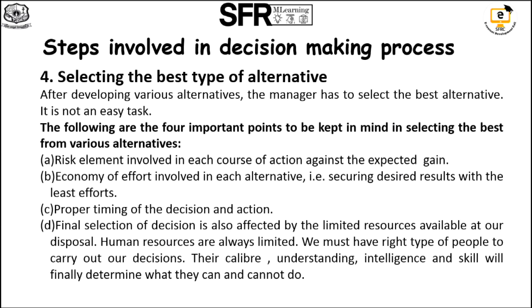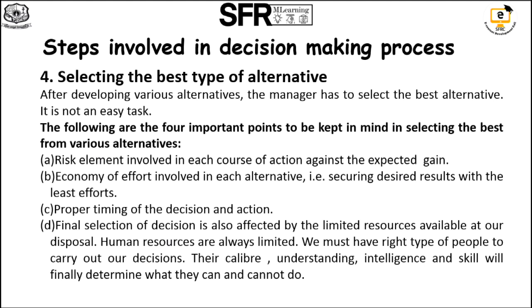Then the fourth step is selecting the best alternative. After developing various alternatives, the manager has to select the best alternative. It is not an easy task. The following are the four important points to be kept in mind while selecting the best from various alternatives. Number one, risk element involved in each course of action against the expected gain.